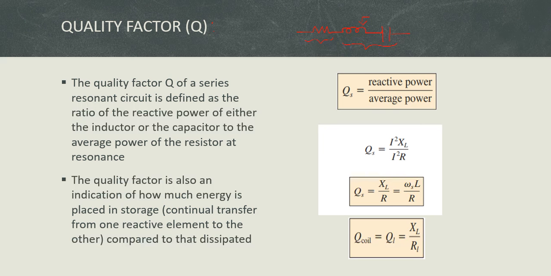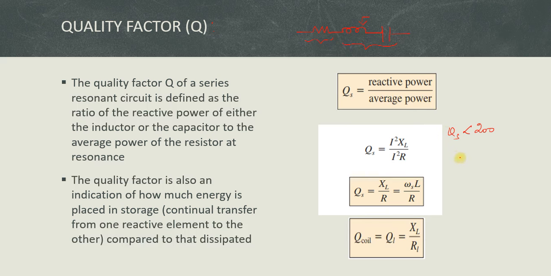If the power dissipated is very low and the storage of reactive power is very high, the quality factor of the coil is high. In general we choose the quality factor of the coil to be as high as possible. For a series circuit in general, the quality factor is less than 200.